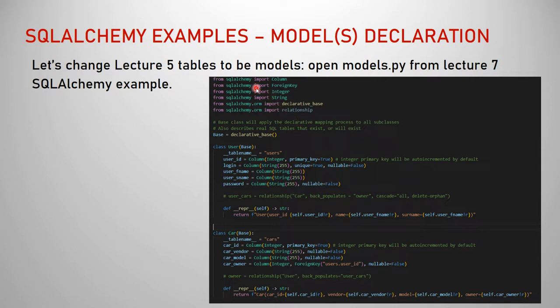So in SQLAlchemy, you can use the next classes like Column, ForeignKey, Integer, String. So these are definitely the data types that we are going to use for our fields. And we will use declarative base, and we will use some relationship. Okay. So the base class will apply the declarative mapping process to all subclasses. This base class will help you to create or to connect to database tables.